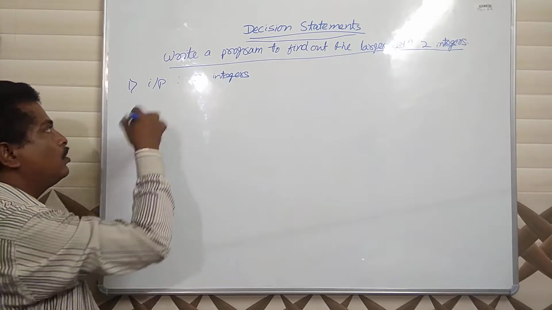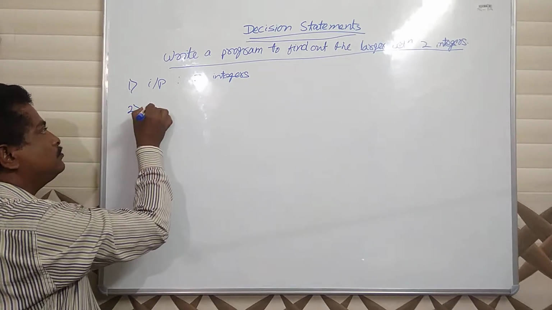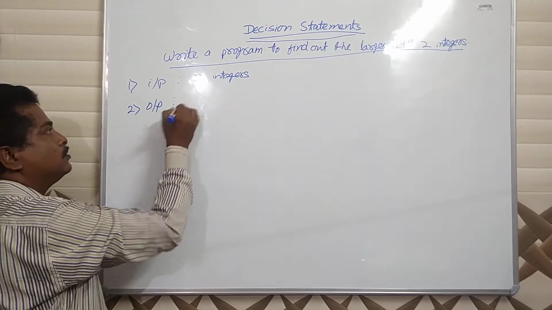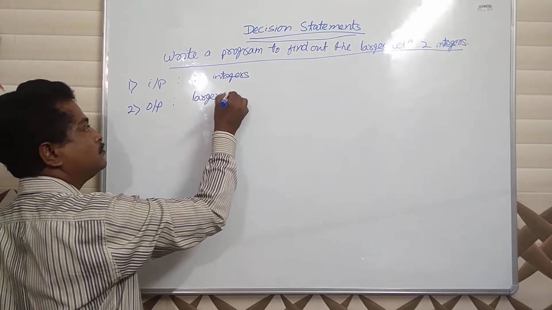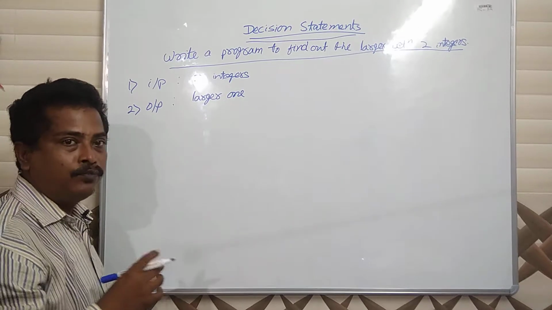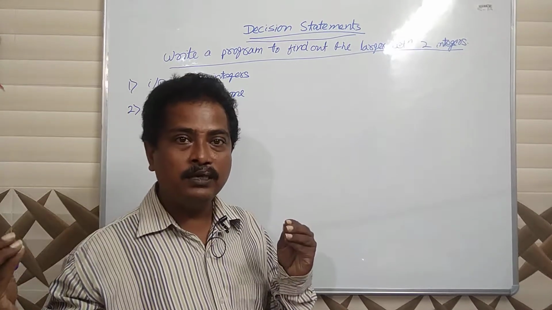Now, what is the output? Output is the larger one. We will input two integers, and the output will be the larger one.